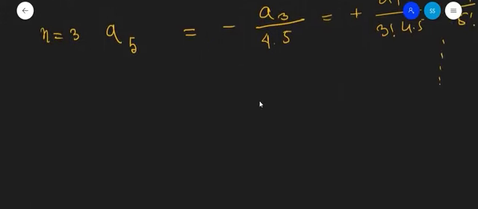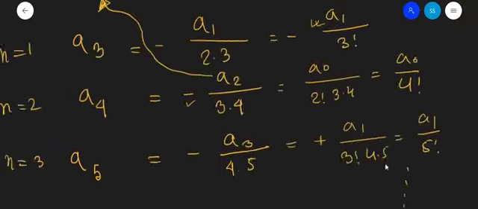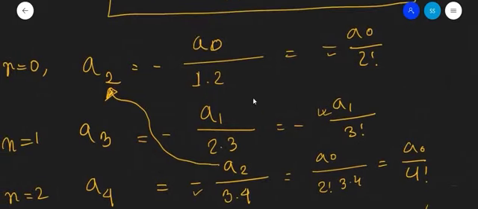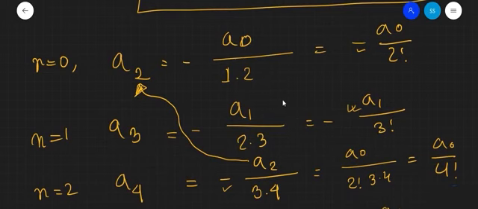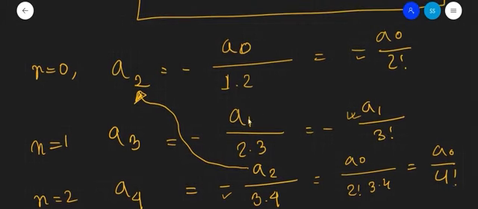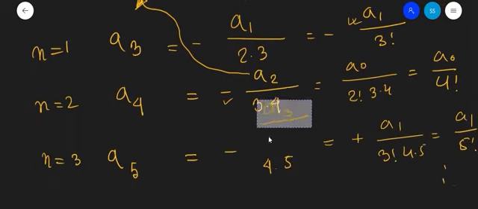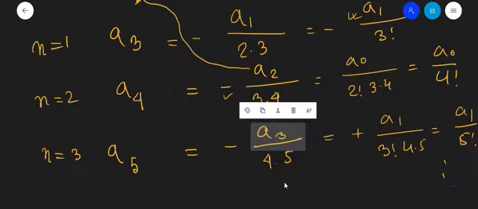So for the even part, n equals 0, n equals 2, n equals 4, and all that, this gives you the following.